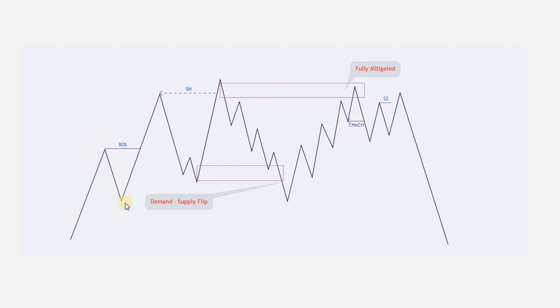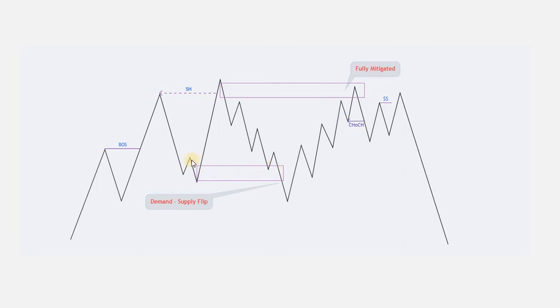We were in an uptrend with a bullish break of structure here, and we also have a bullish break of structure, most likely sponsored by this down close candle, which is most likely a demand zone.